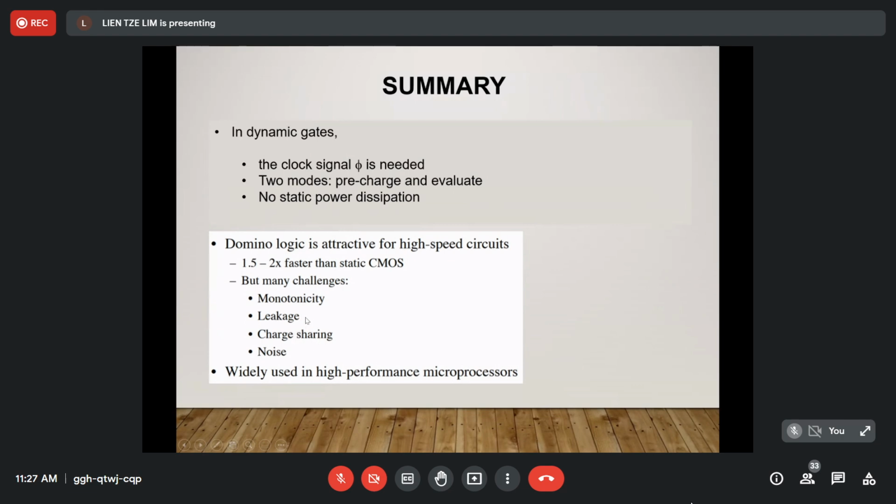Some of the challenges here will also be covered, but not all. Domino logic is widely used in high performance microprocessors. So this is a summary for this topic.